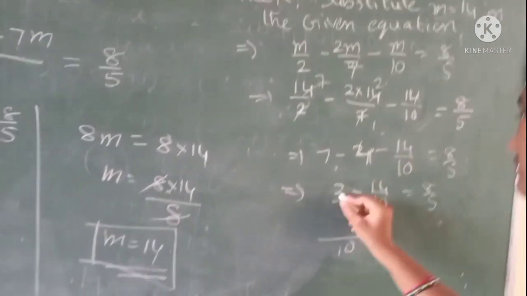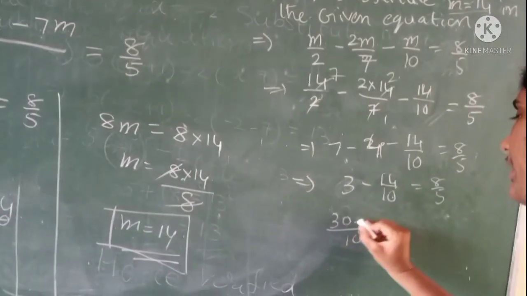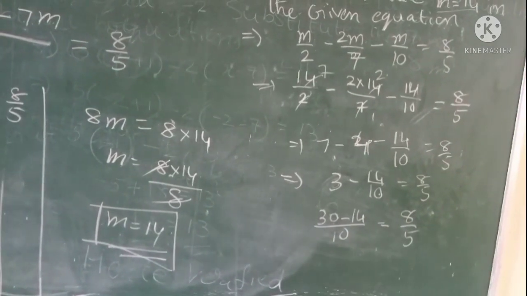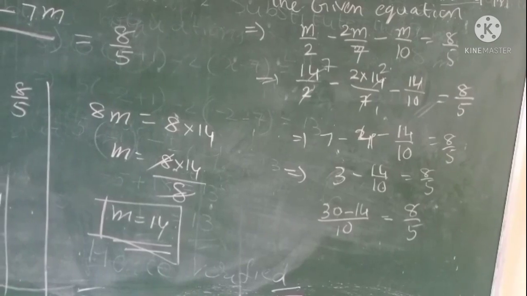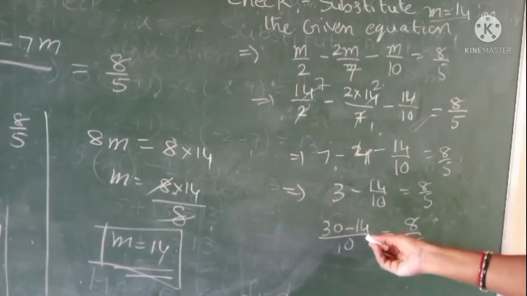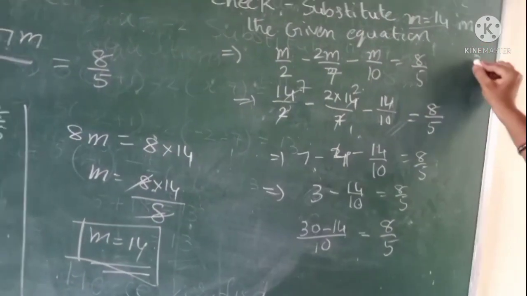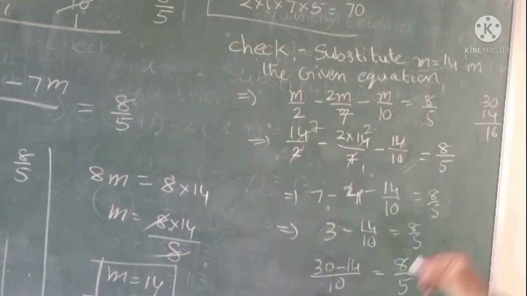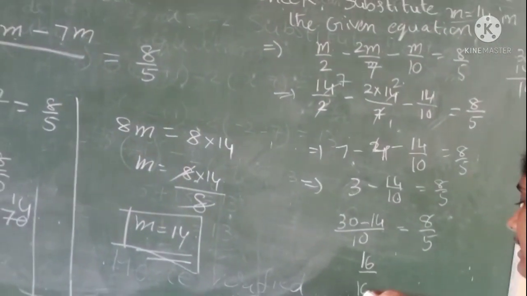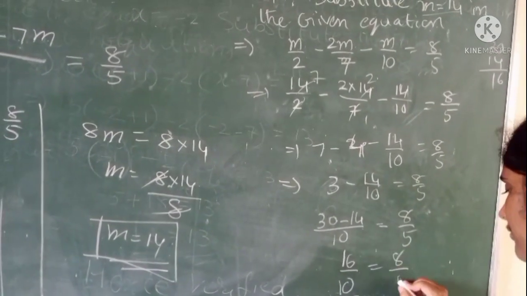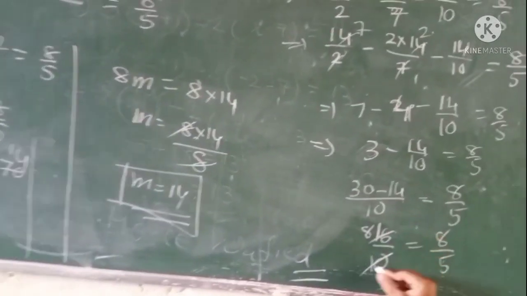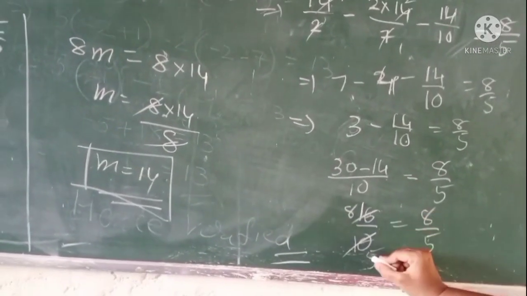LCM is 10. 3 tens are 30 minus 14 equals 8 by 5. 30 minus 14, that means if you subtract 14 from 30, what do you get? 16. 16 by 10 equals 8 by 5. 16 by 10 is a multiple of 2, 2 eights are 16, 2 fives are 10. So 8 by 5 and 8 by 5.